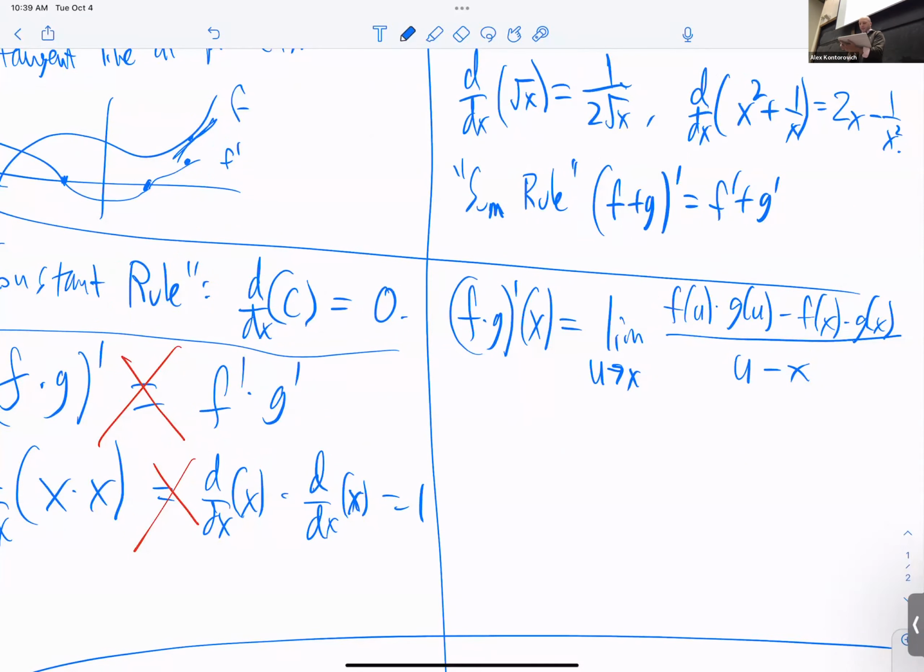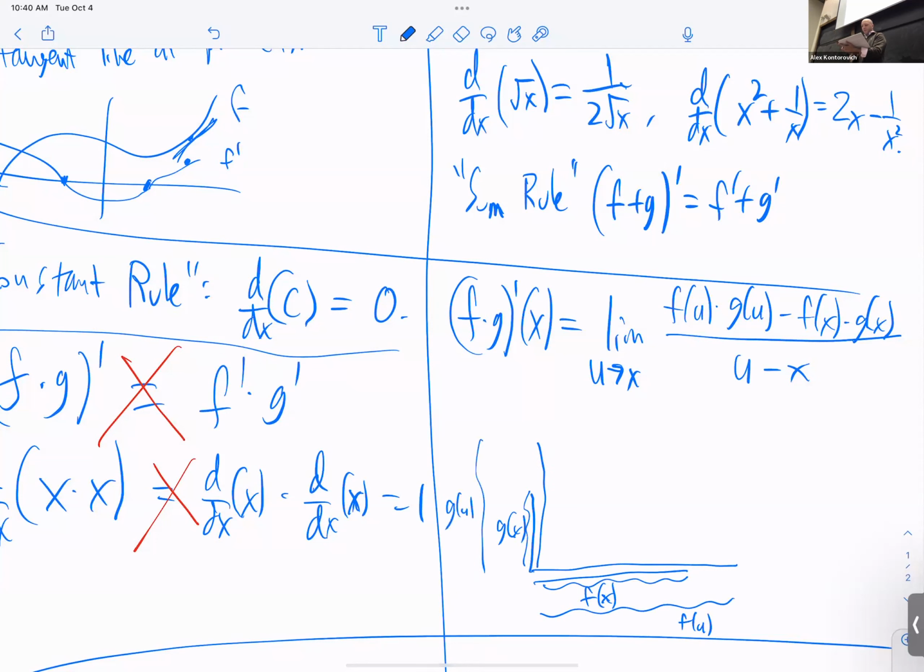So if you think of this distance as f of x, and maybe f of u is a little bit bigger. Let's pretend that f of u is a slightly larger quantity, okay? On the vertical axis, I'll draw g of x as this length, as opposed to g of u, which we'll assume is this larger length.